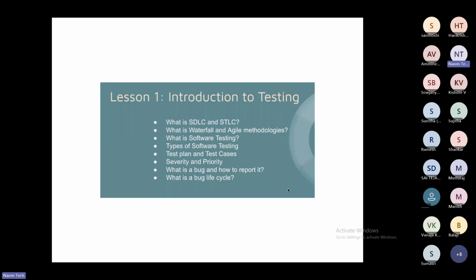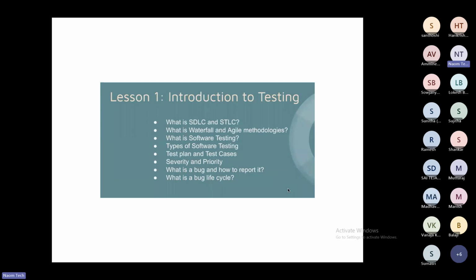What is software testing, which we just discussed, and the types of software testing, test plan and test cases? Again, what is severity and priority? What is a bug and how to report a bug? And what is a bug life cycle? This is a simple thing every testing engineer should understand and have an idea about.